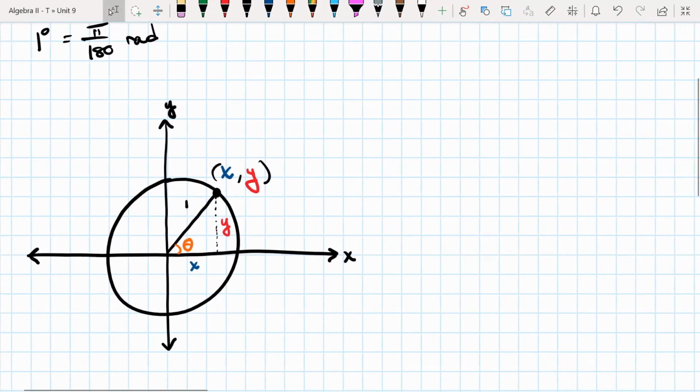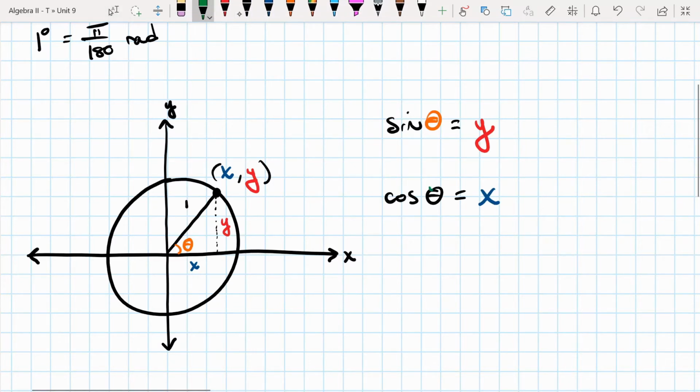So, for example, if I have sine of theta, that is equal to the y value of our coordinate point. Similarly, cosine of theta is equal to the x value of our coordinate point.